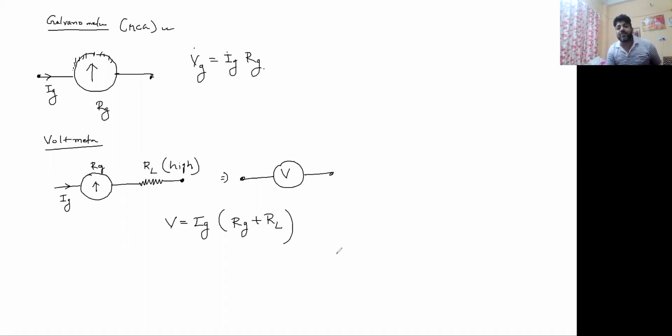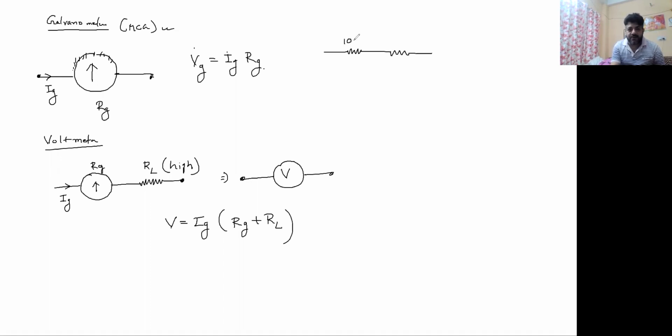Now see, why do we need a very high resistance? I will give you a very small example, then I think you will understand why we need a very high resistance. Suppose I give you a random small question.